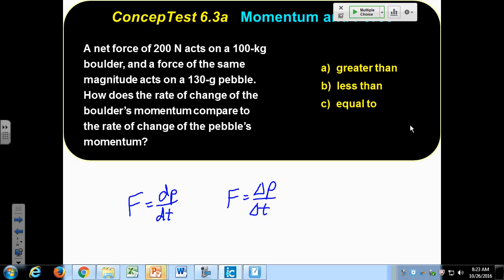So if I have 200 newtons acting on one object and then also on another object, if they happen over the same time, which we assume they do, then you're going to get the same change in momentum. The same force will give you the same change in momentum. Doesn't mean they're going to be traveling at the same speed, but they'll have the same momentum. So C is the right answer here.